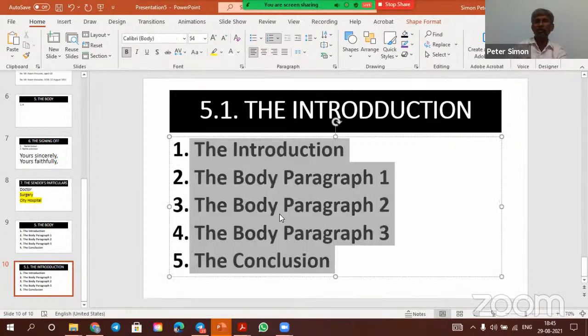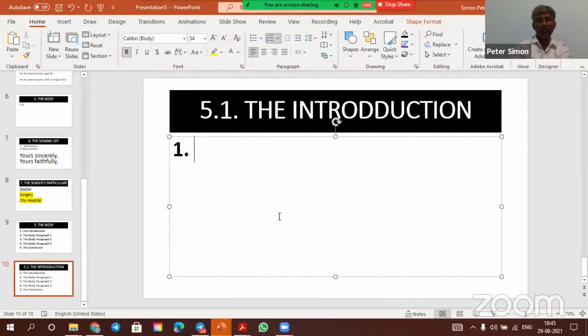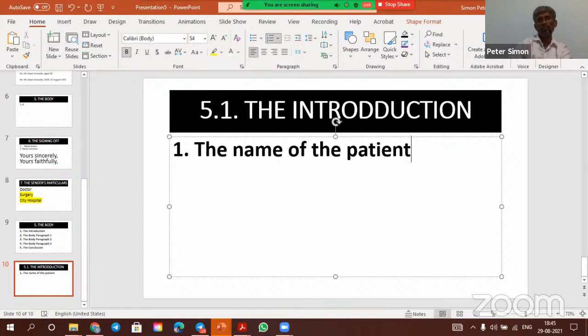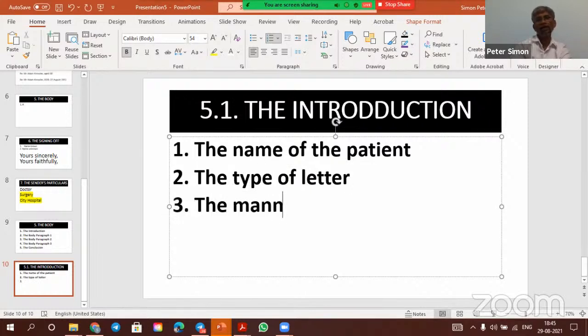Now, in the introduction, what must be there? Number 1, the name of the patient. Number 2, the type of letter. Number 3, the manner or mode of presentation.